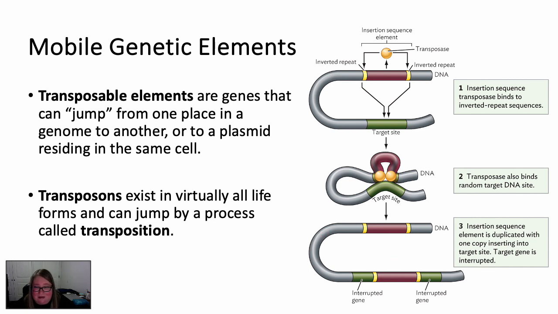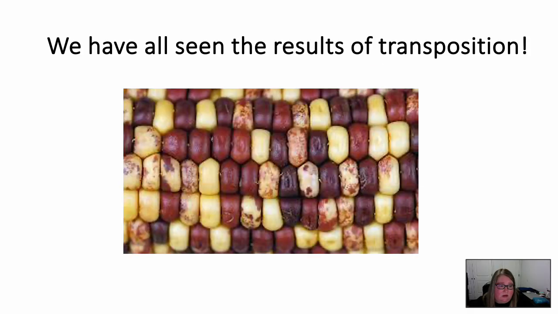Now, we're getting into the holiday season, especially around Thanksgiving, so you have all probably seen examples of transposition happen in some of our food. So an example of transposition happening in real life is with Indian corn. Corn actually used to be this dark pigmented color.